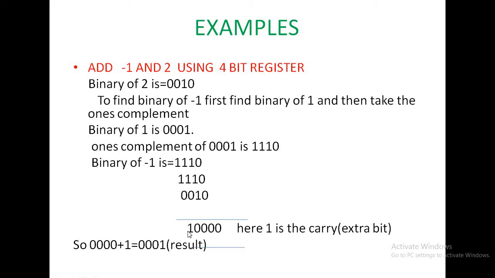In other words, here a 4-bit number is there, 0010, and here also a 4-bit number, 1110, but the result is 5-bit.